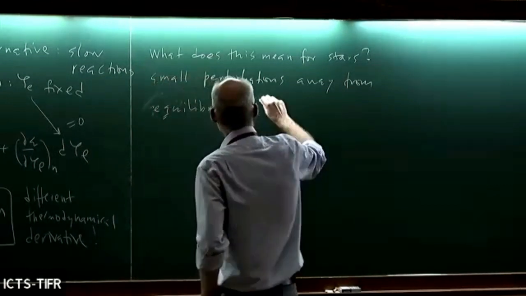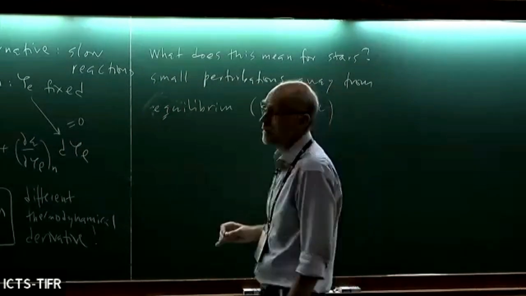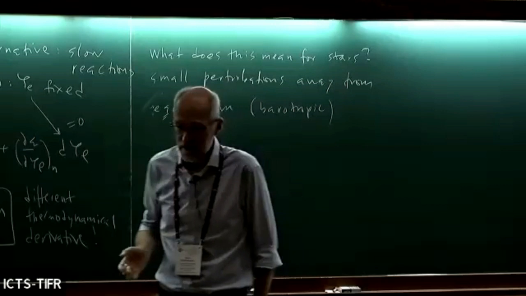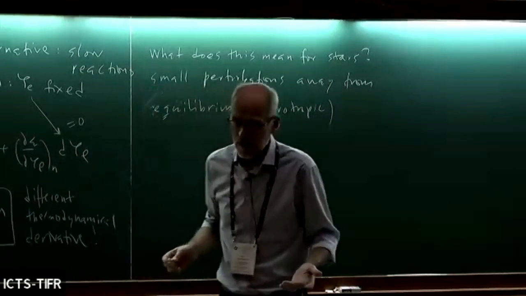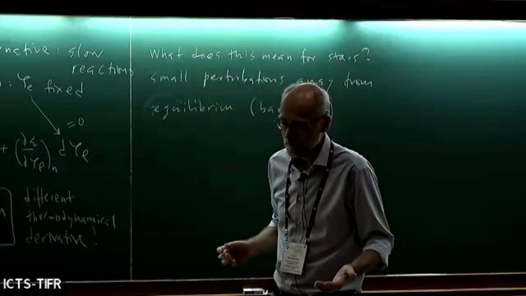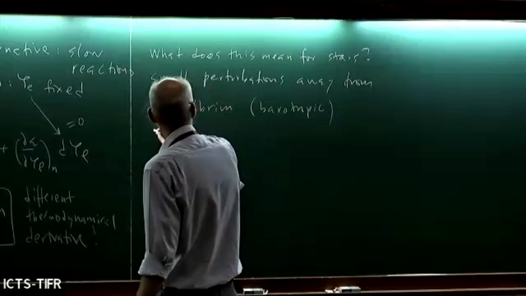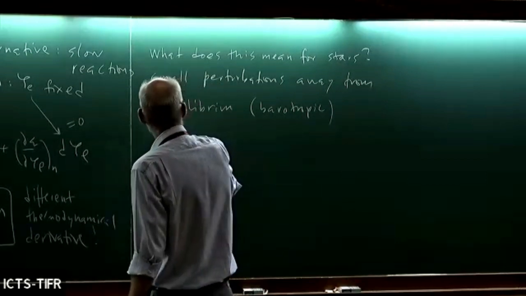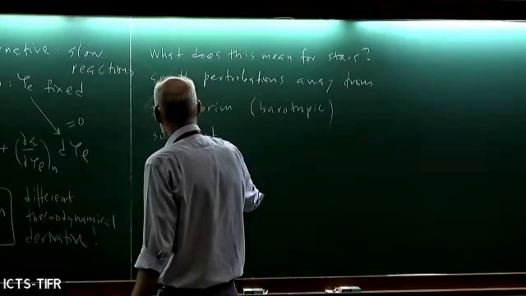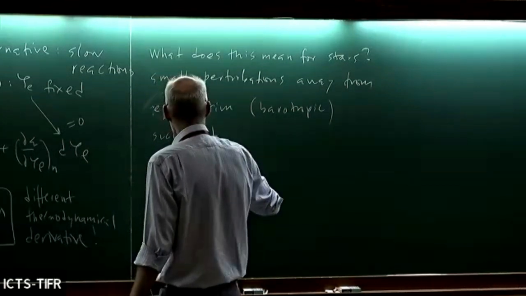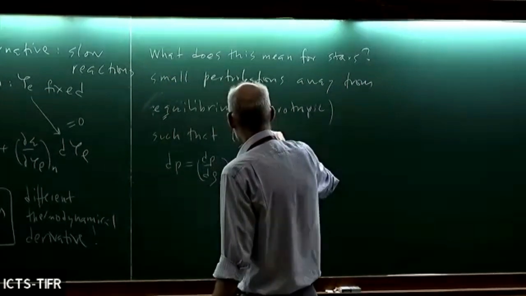And we know that this equilibrium by this argument is barotropic. And that means that I have a one parameter problem and I can define the background such that, say, dp is dp d rho, there's only one, and now I'm just taking rho as m times n.